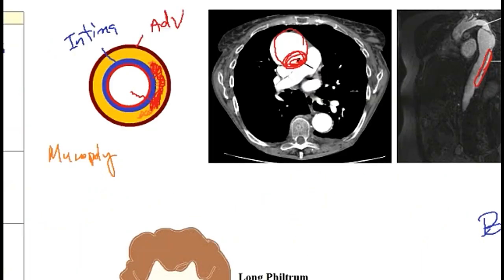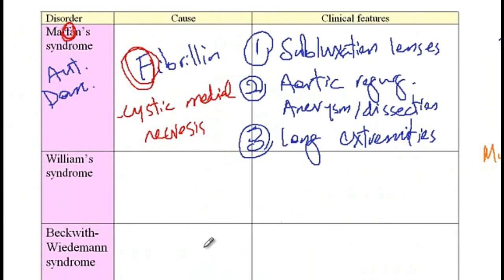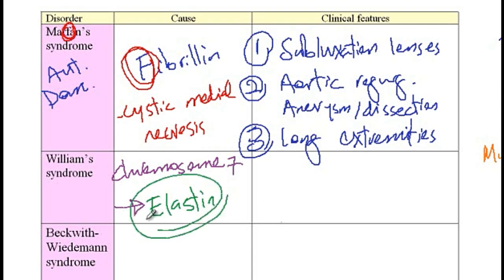The next condition that I'm going to cover is Williams syndrome, and Williams syndrome is due to the deletions on chromosome 7, as a consequence of which the elastin gene will also be deleted. And the mnemonic that you can use to memorize the features of Williams syndrome is Williams.